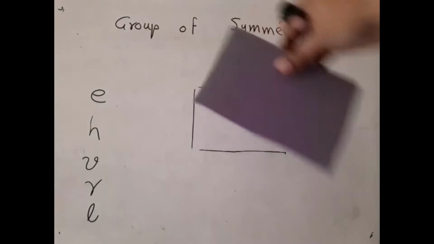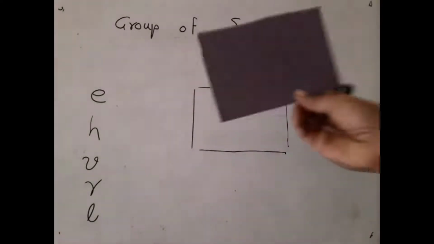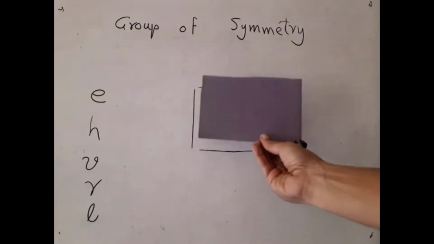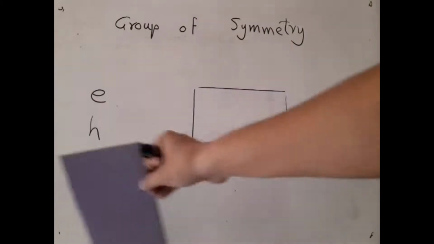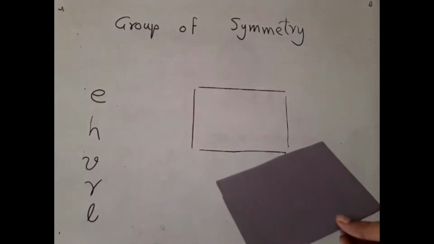So if you can take it, do something and fit it back, again take it, do something else and fit it back, then the composite effect will be to fit it back again. So the closure property must be there. If you take any two, follow one with the other, you must end up with something again in the list. And this is bound to be a group irrespective of what particular object you start with.